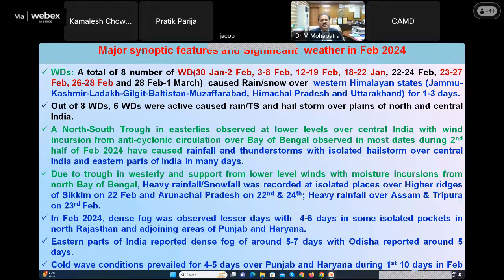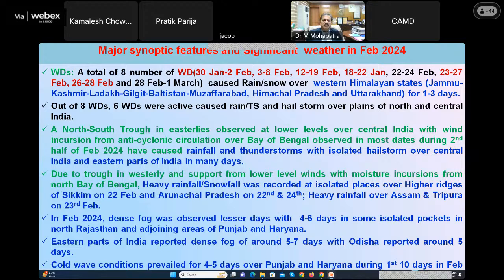Now, if you look at the weather systems, 8 western disturbances affected North India and adjoining Central India. That is 30th January to 2nd February, 3 to 8 February, 12 to 19 February, 18 to 22 February, 20 to 24 February, 23 to 27 February, etc. That means there was frequent activity of western disturbances.